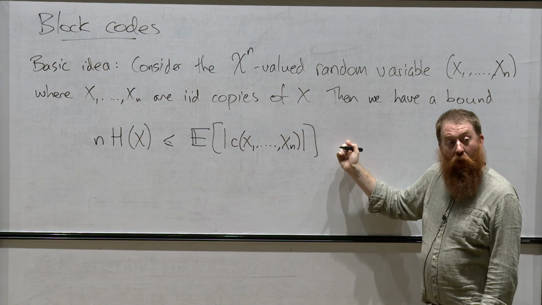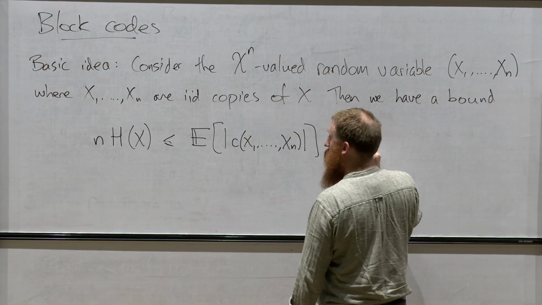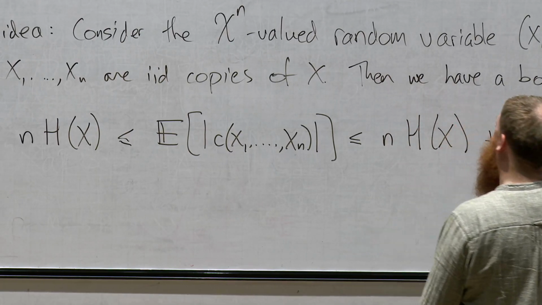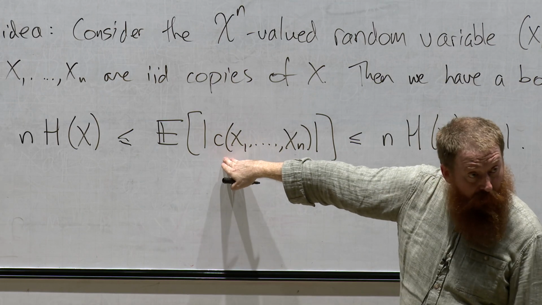If I used an optimal code for this block, that would be less than or equal to, well again, n times the entropy of X plus 1. Okay, if I had something here which was optimal.